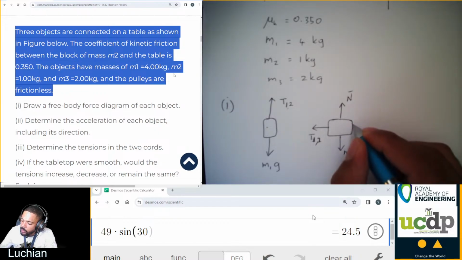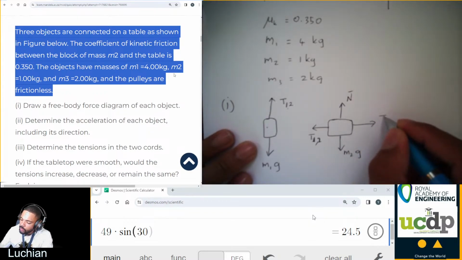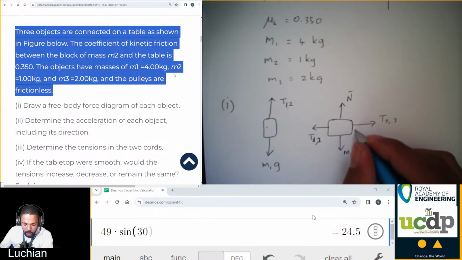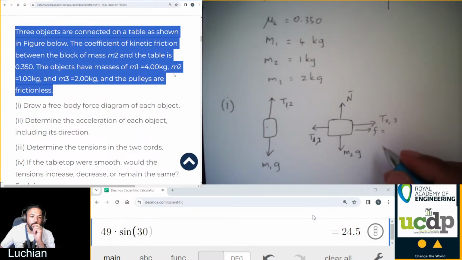Okay, then it has one other thing: the tension due to block 3, and it also has friction. Remember it has friction because they have given us a force of friction.